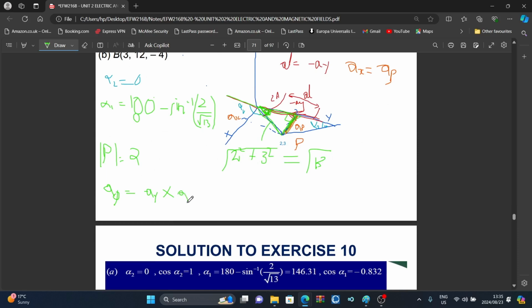If you look in your textbook, the cross product between these two will give you a z. And if you think about it, it's quite true, because let's say this is our y and this is our z. In this case, we are only working with a two-dimensional object where there is no z, right? So when you take a cross product of this, it should give you a z.